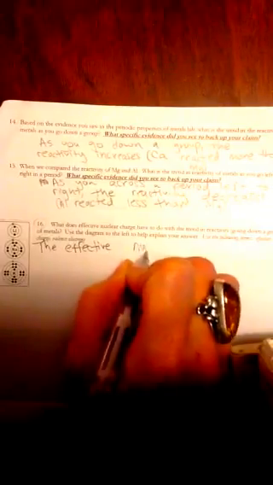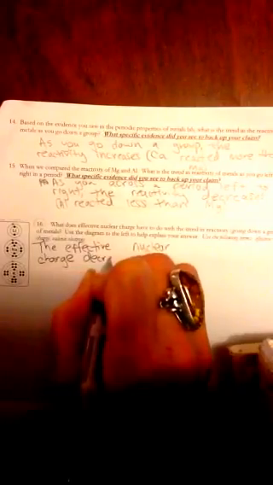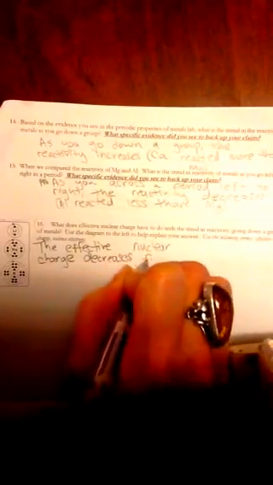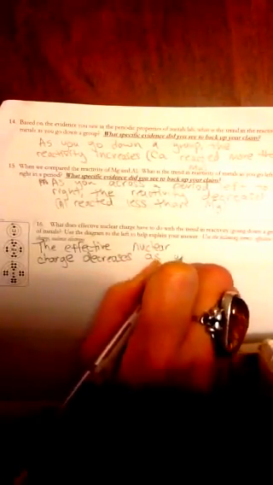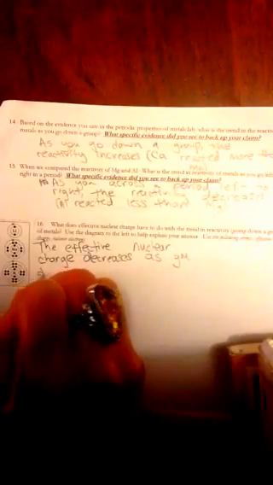So the effective nuclear charge, because my little setup here is in the way, I'm going to kind of shrink the amount of how I'm writing. The effective nuclear charge decreases as you go down a group.